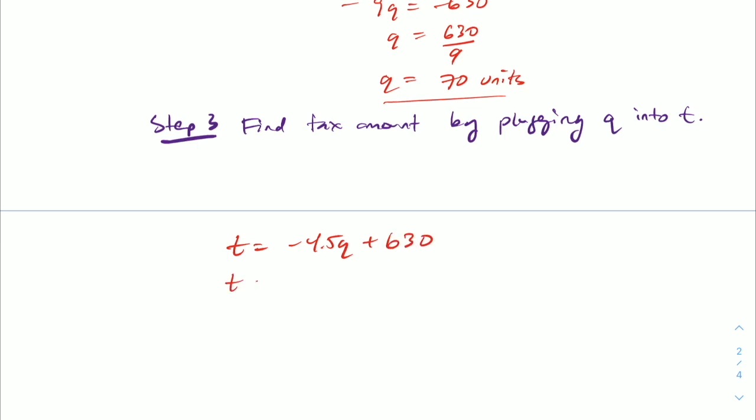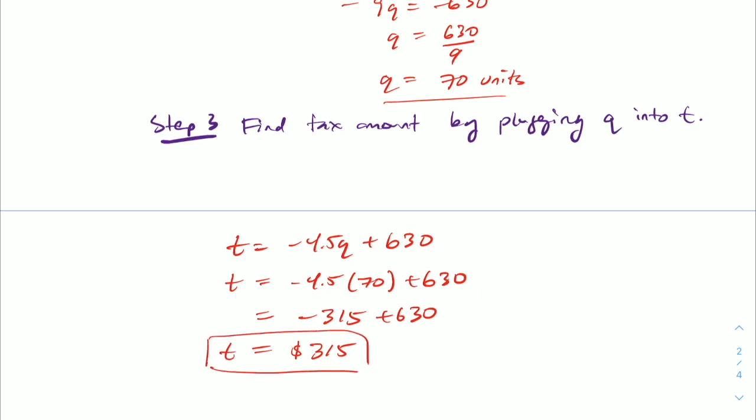So t with 70 units plugged into it is negative 4.5 times 70 plus 630. 70 times negative 4.5 is negative 315. So if we add 630 to negative 315, we get 315. And that's the tax amount that the government should apply to each unit to maximize their revenue.